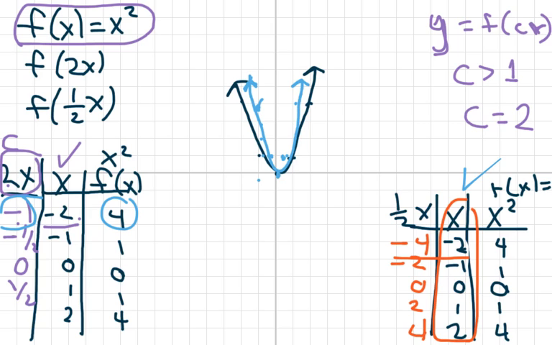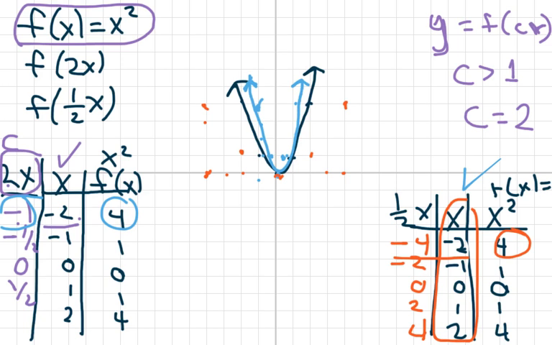Negative 4 goes to 4. Negative 2 goes to negative 1.